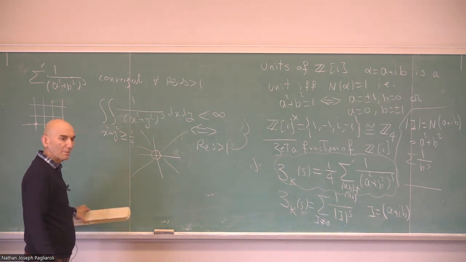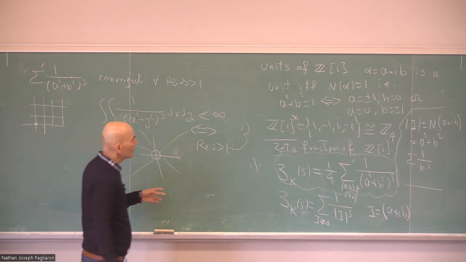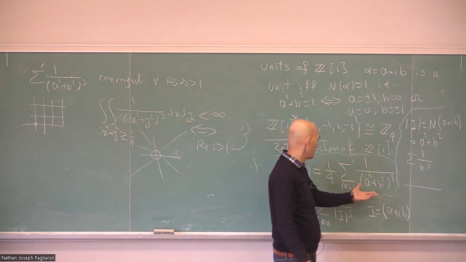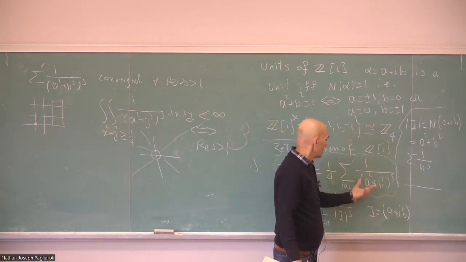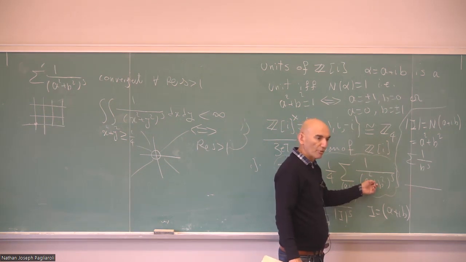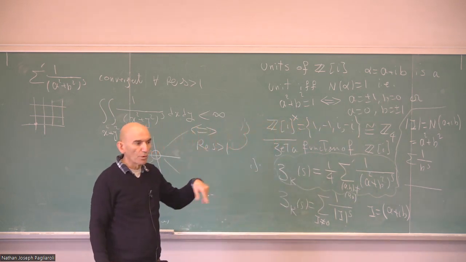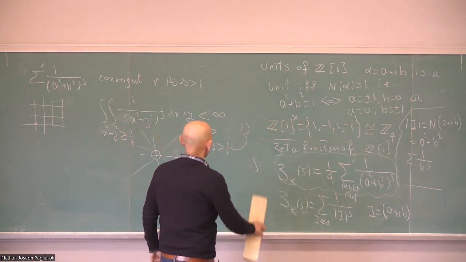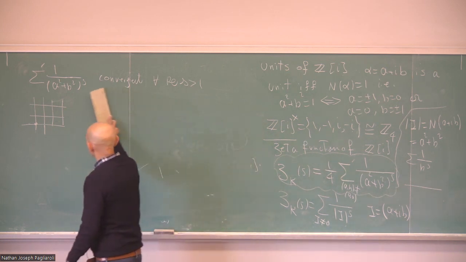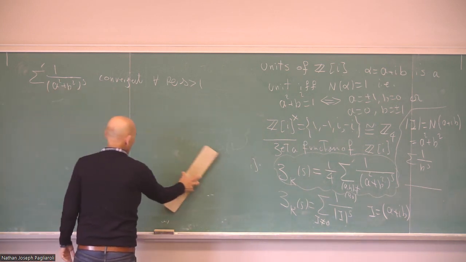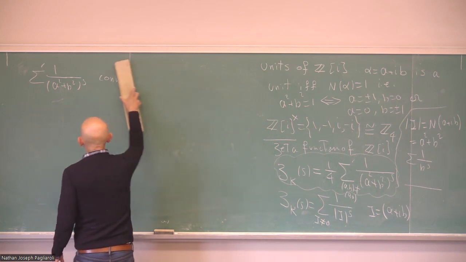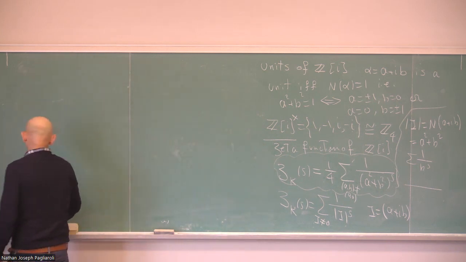So what is the next step? The next step is we want to relate this to some L functions, the Dirichlet L series, for the Galois group of the extension. This is the next topic, which is a universal topic.